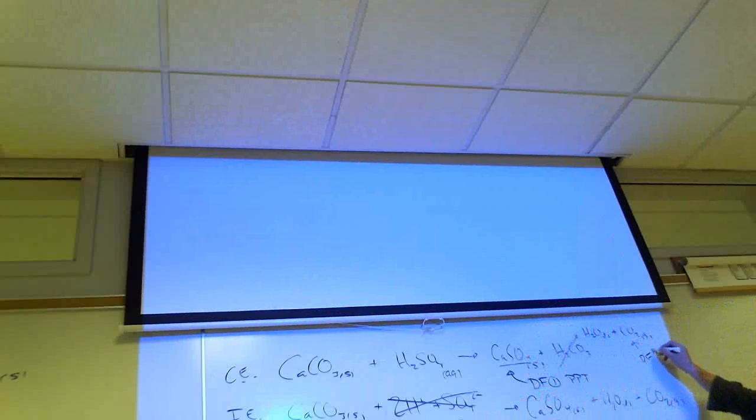Okay, we should indicate the driving force. So what's driving this reaction to occur? One is we have a precipitate here: precipitation of calcium sulfate. Are there others? Yeah, gas formation. This is all for double replacement or metathesis.